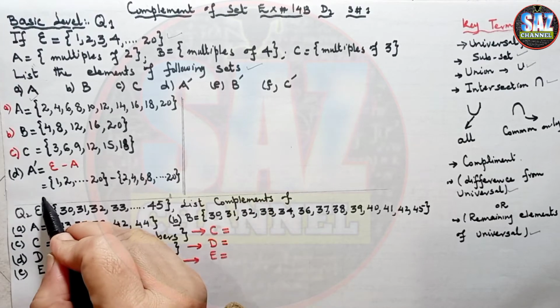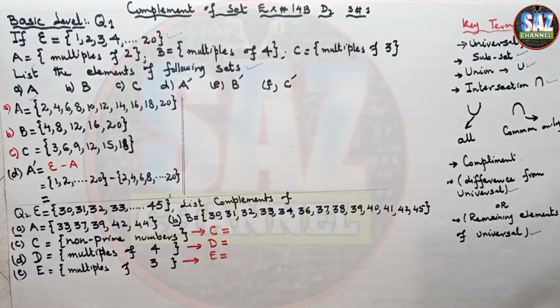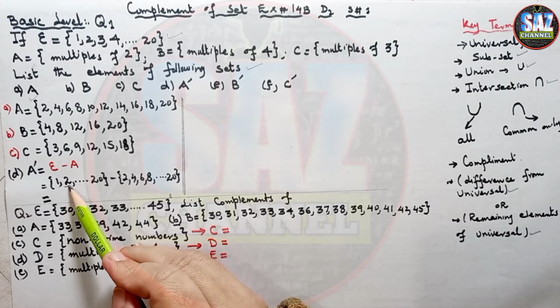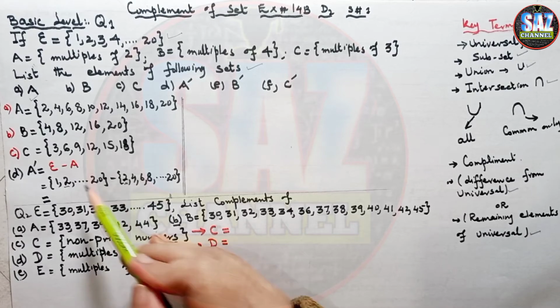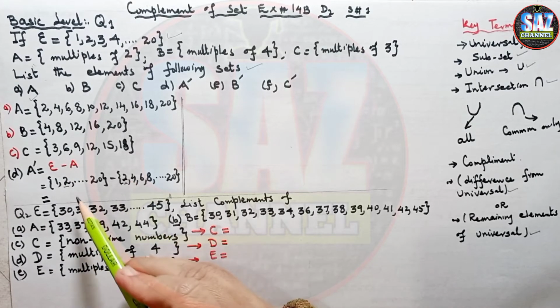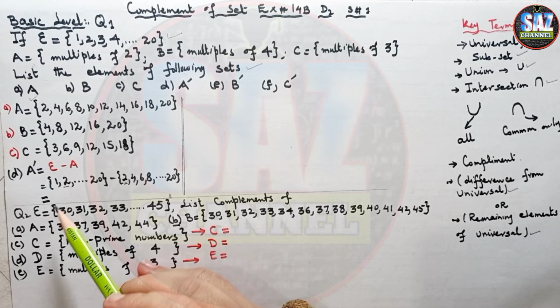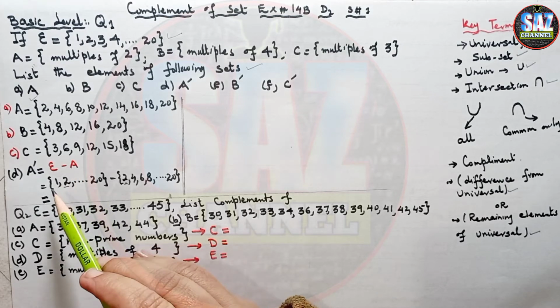Now what will be the answer of A complement? I do not have to write those elements which are present in both universal and set A, or I have to write the remaining elements of universal.